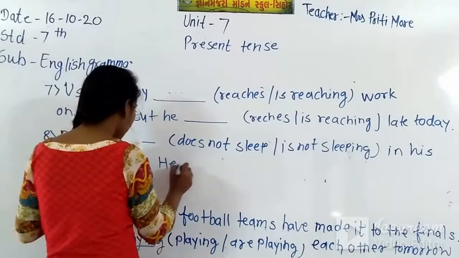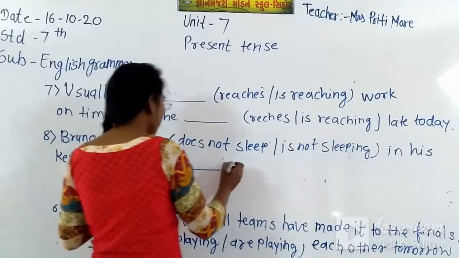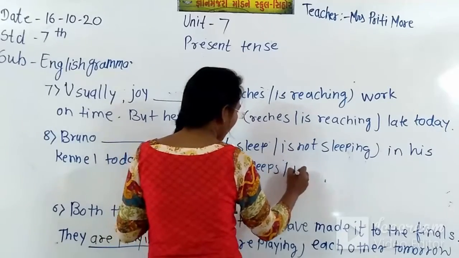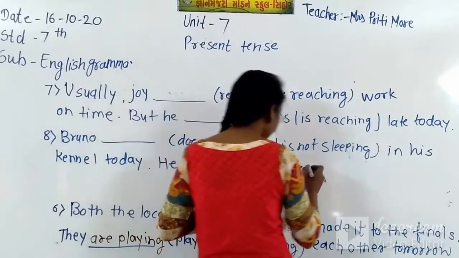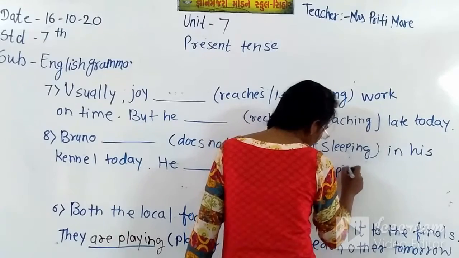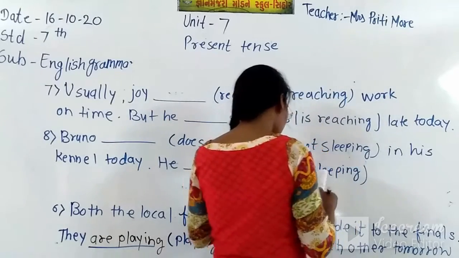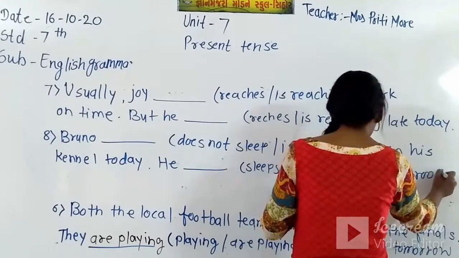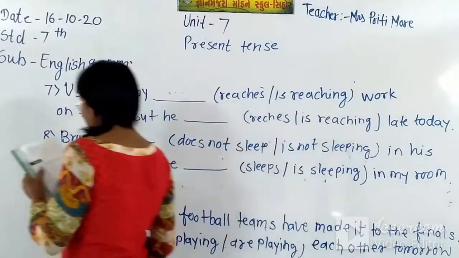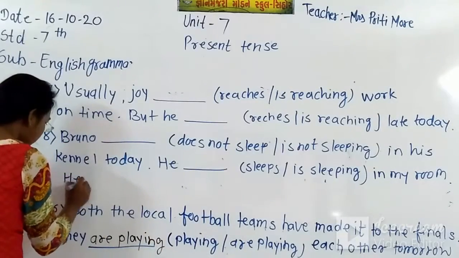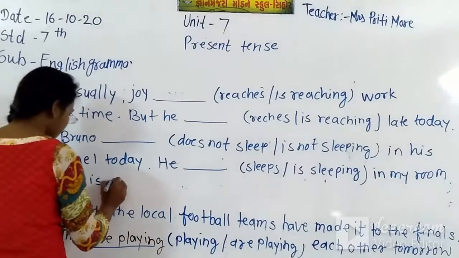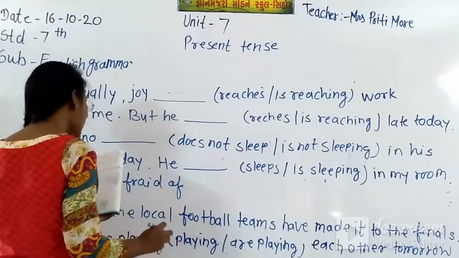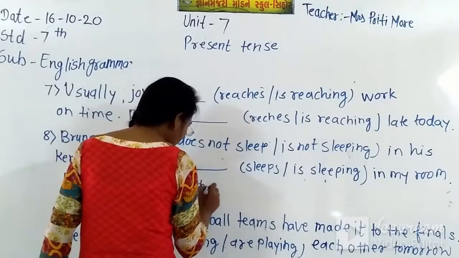He, blank space, sleeps, oblique is sleeping, in my room. He is afraid of the thunder.